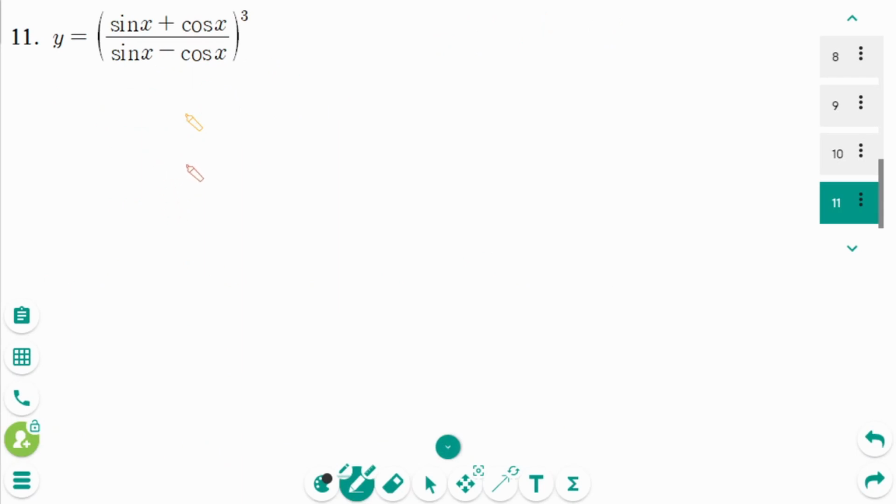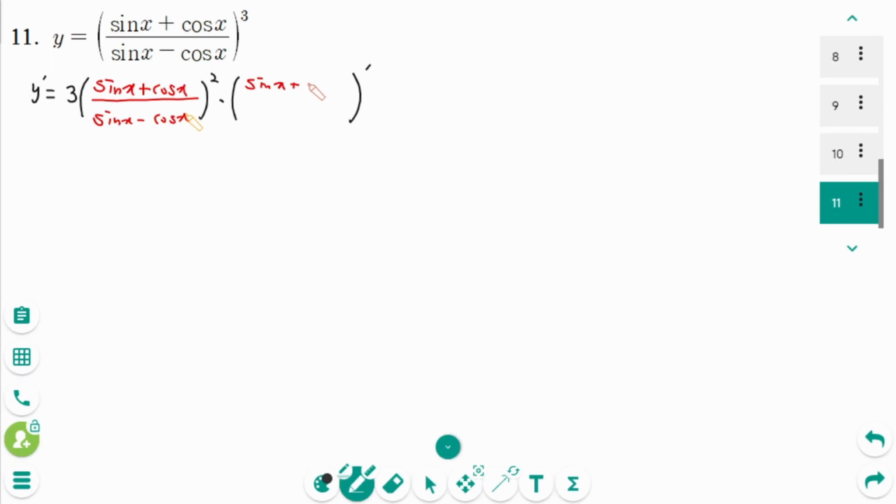Just think of it as y equals u cubed. Then y prime equals 3u squared times u prime. Keep the inner function, sin x plus cosine x over sin x minus cosine x.